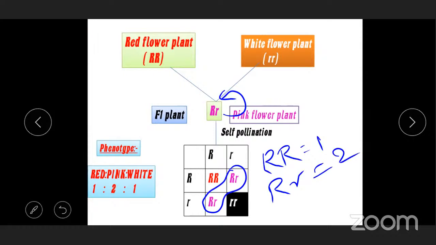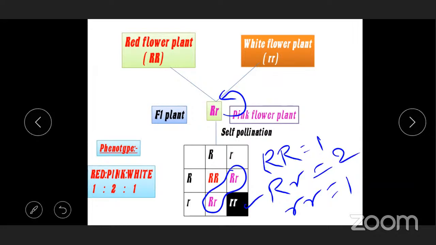Only one. It's nothing but homozygous white. So homozygous red is 1, heterozygous pink is 2, homozygous white is 1. That is 1:2:1.